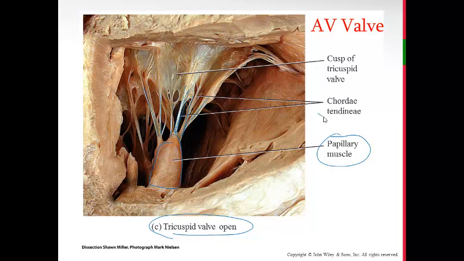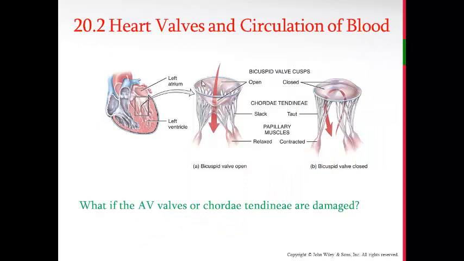We call these strings chordae tendineae. Another name you might know for it is the heartstrings. But make sure on your lab exam or your lecture exams, you put down chordae tendineae, not heartstrings. This is very important to hold on to the cusps as it will control how the blood will flow.